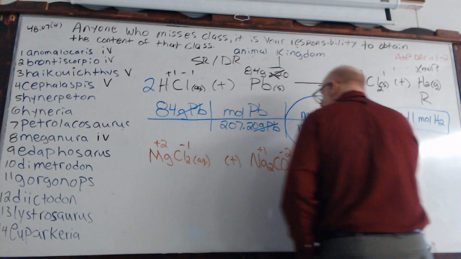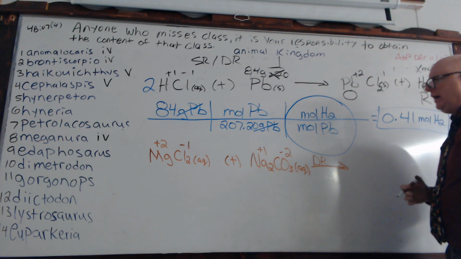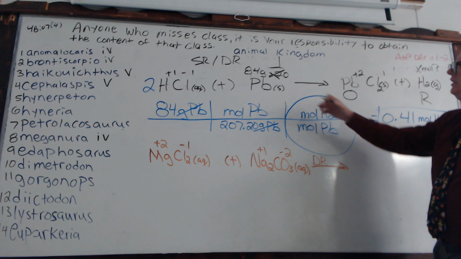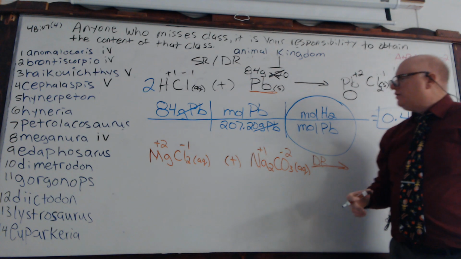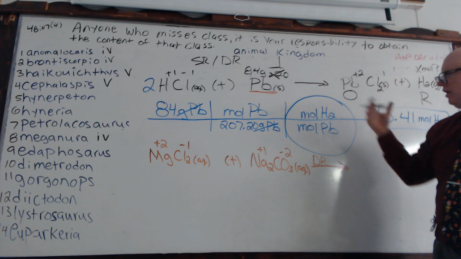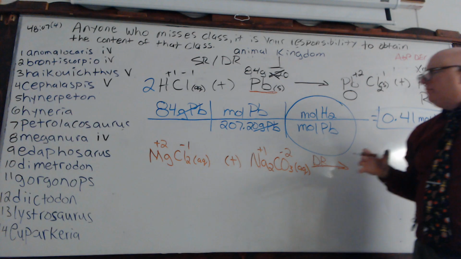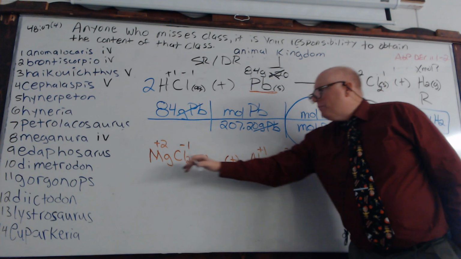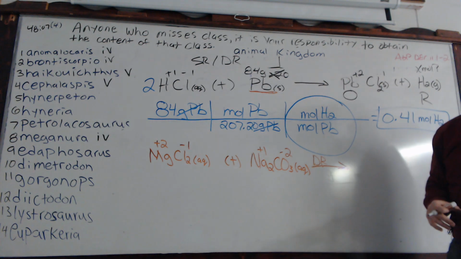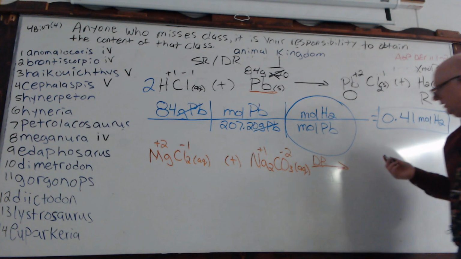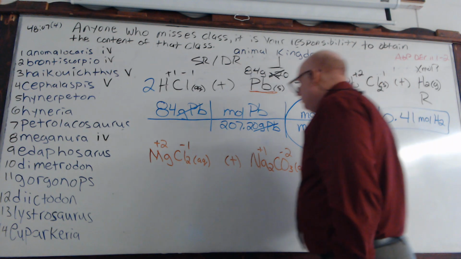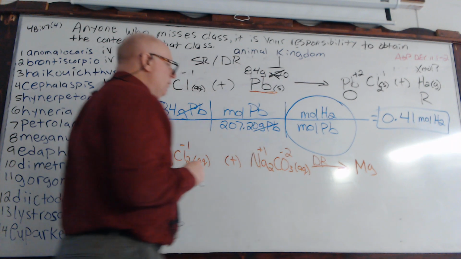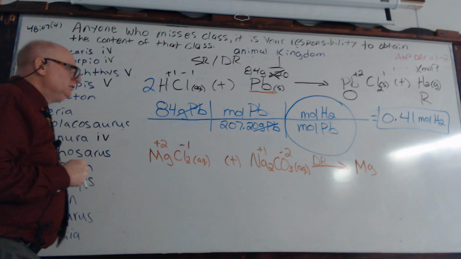And I always suggest start with your negative ions, because when you're dealing with these, you don't know for sure what positive charge is going to be. That's why we always say start with your negative ion. Okay, but now we need to start sodium or magnesium. Which one do you want to start with? Magnesium. So what does magnesium bond to on that side of the equation?